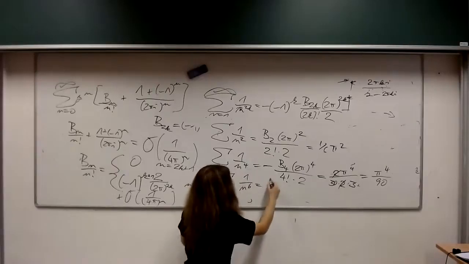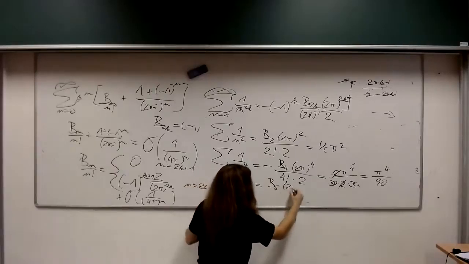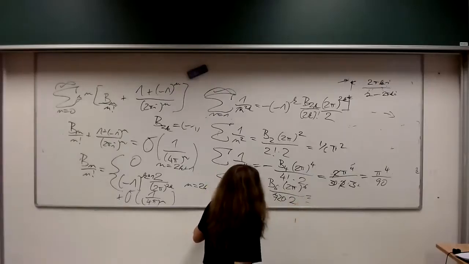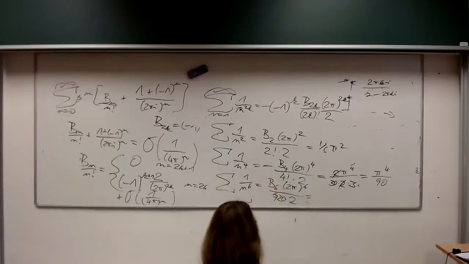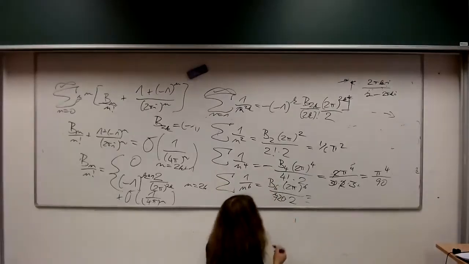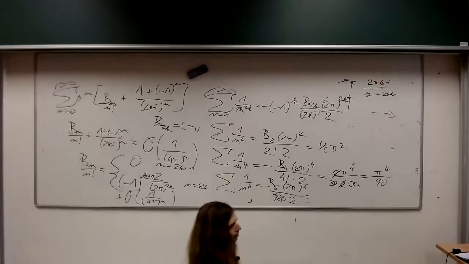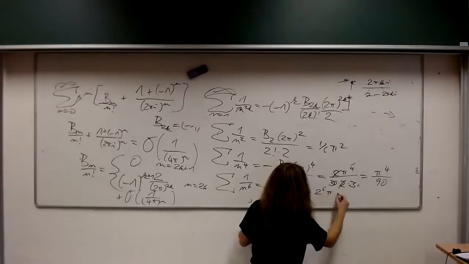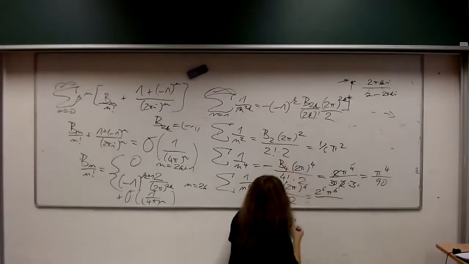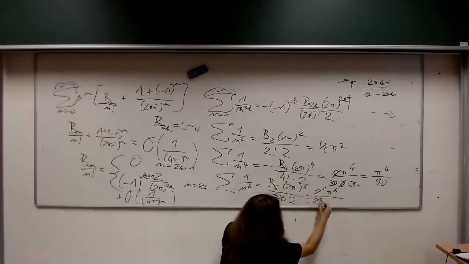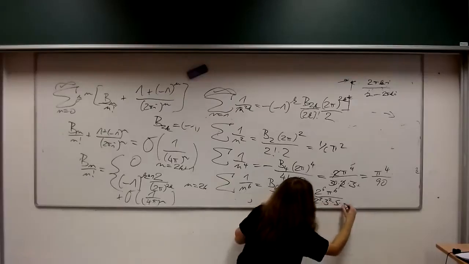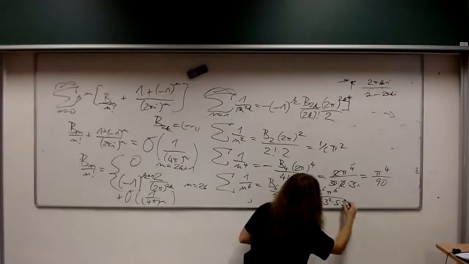Here we get a plus. And here we get the 6 factorial times 2. The calculation will be pretty rough, but b6 is 1 over 42. So here we get 2 to the 6, π to the 6, and here we have 8 times 9 times 10, and times 2 as well.